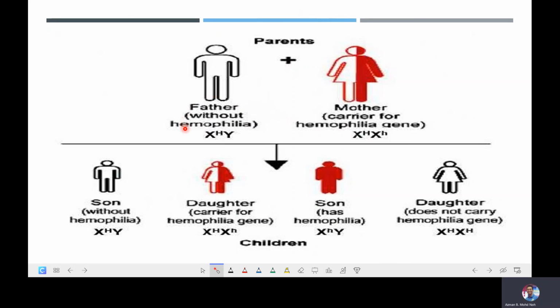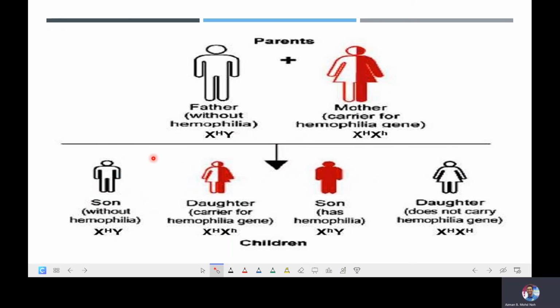The father is a normal male with the genotype of X capital H and Y. Meanwhile, the mother has the genotype of X capital H, X small h. This means that the mother is a carrier. From these 2 parents, these are the possibilities for the children.